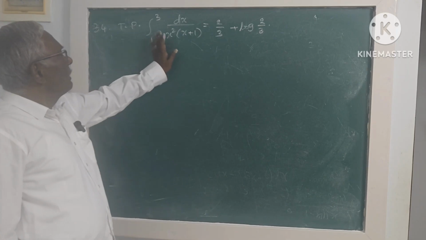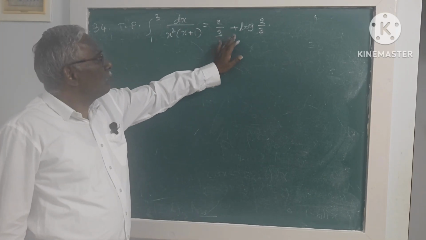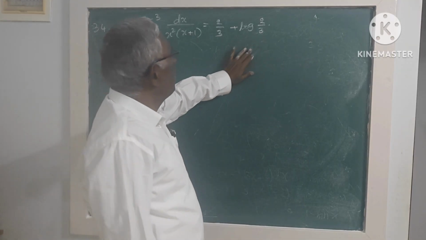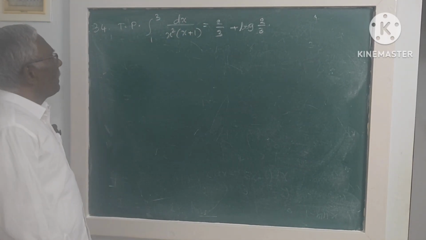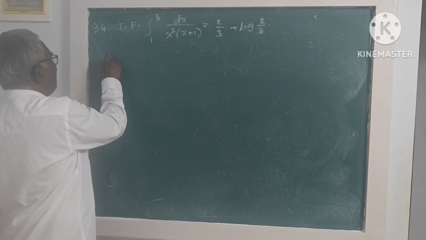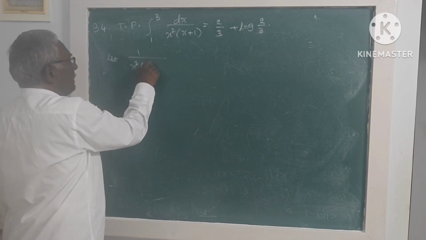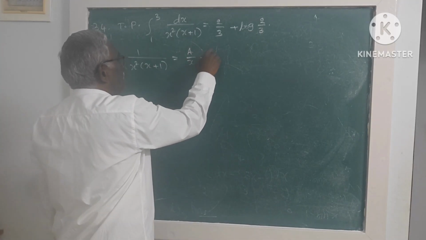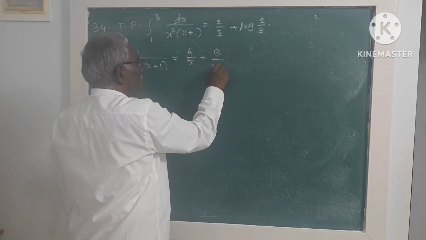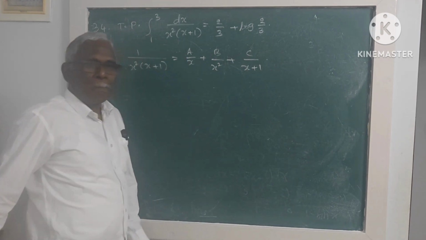So we have to prove integral 1 to 3 dx by x square into x plus 1 is equal to 2 by 3 plus log of 2 by 3. So we have to use the partial fraction method. Let 1 by x square into x plus 1 become a by x plus b by x square plus c by x plus 1.